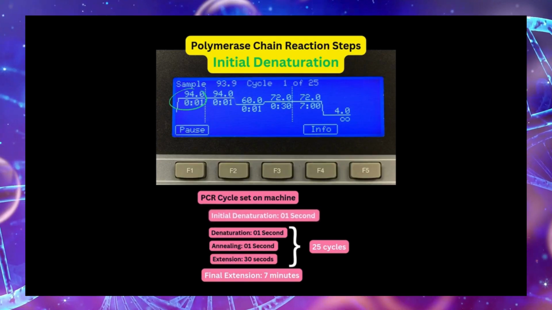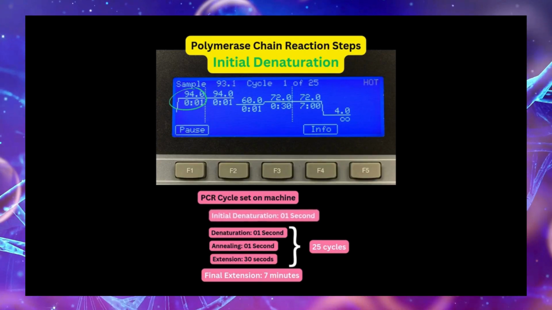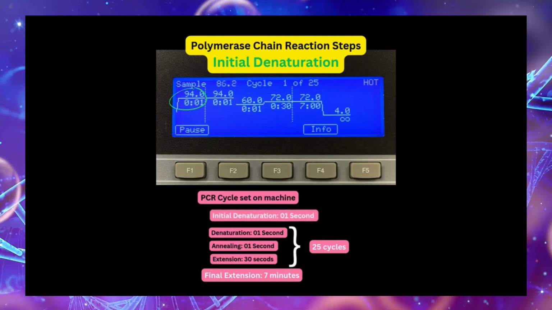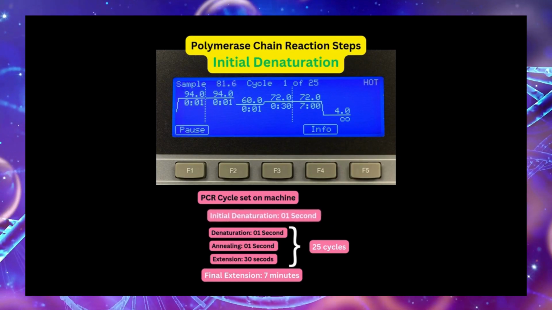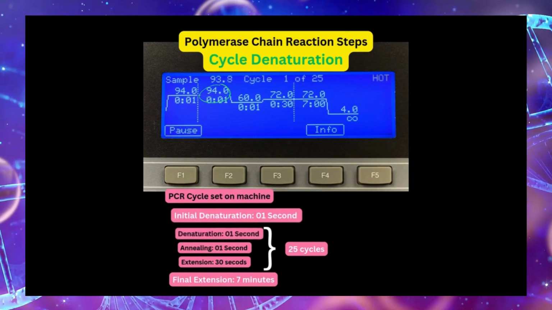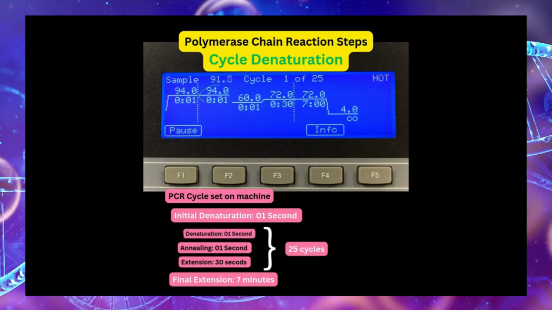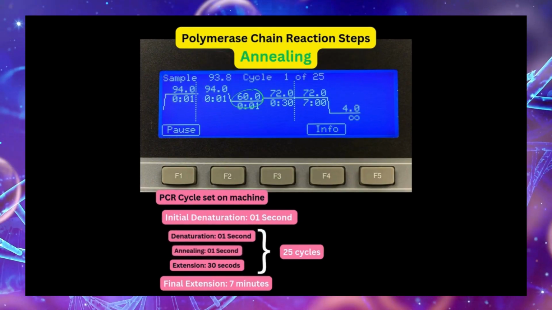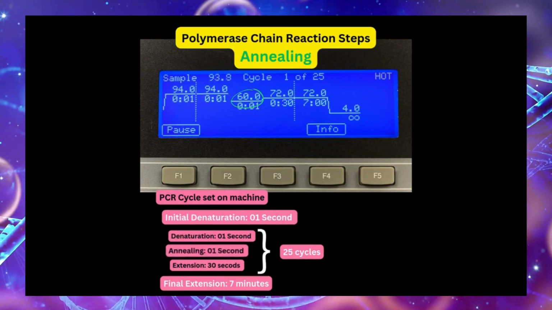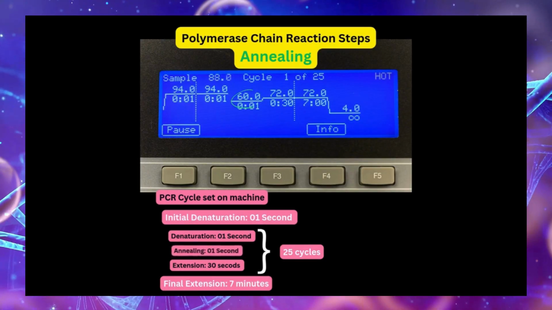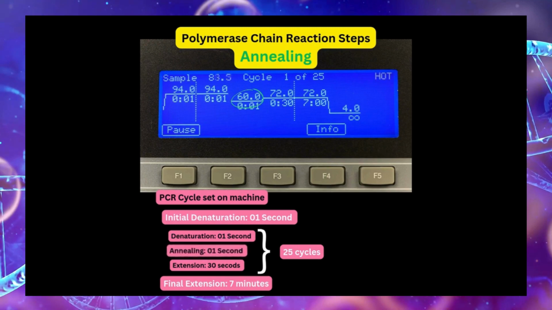The steps of polymerase chain reaction include denaturation. The reaction mixture is heated to around 94 to 95 degrees centigrade, causing the double-stranded DNA to separate into two single strands. Annealing. The temperature is lowered to 50 to 65 degrees centigrade, allowing the primers to bind or anneal to the complementary sequences on the single-stranded DNA.